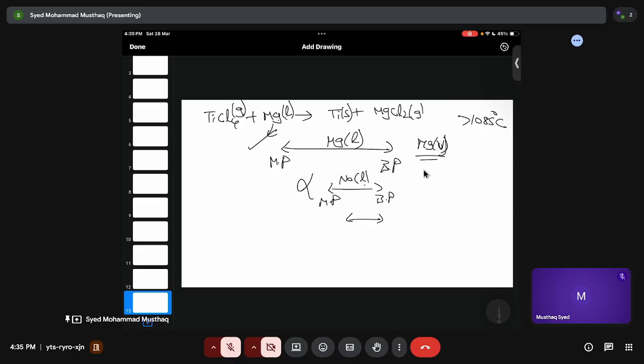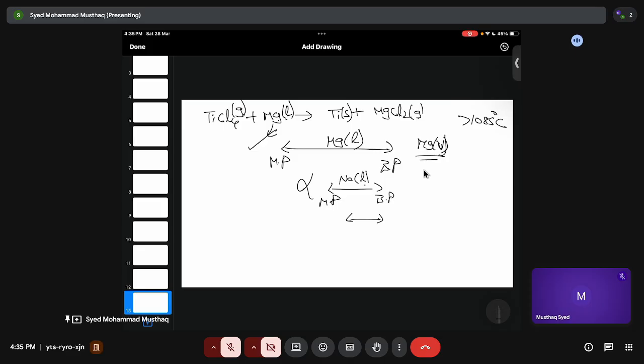So there should be strict control of your injection of magnesium and also the temperature of the reaction atmosphere. So that's that about Kroll's process.